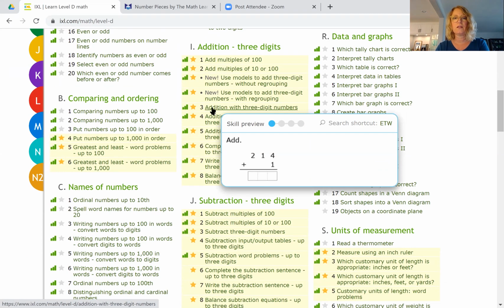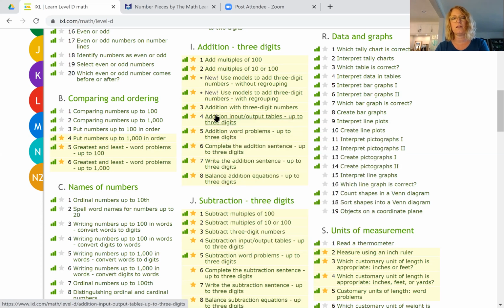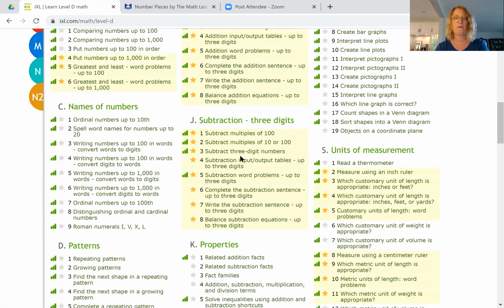But you guys can do this. I know you can. So some of you may have already gotten some of these done. If you have the little gold medal next to it showing that you've done it, just move on to the next one. There's plenty to do here. All of section I and then all of section J, please.